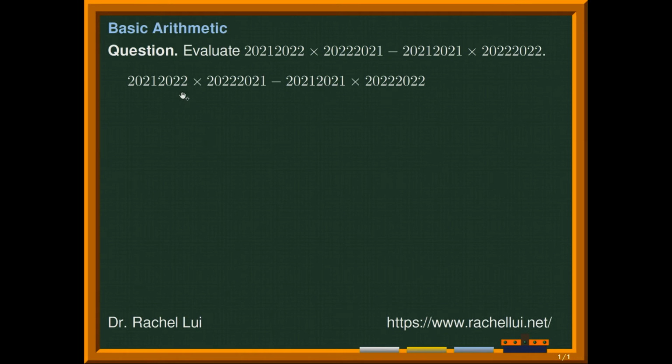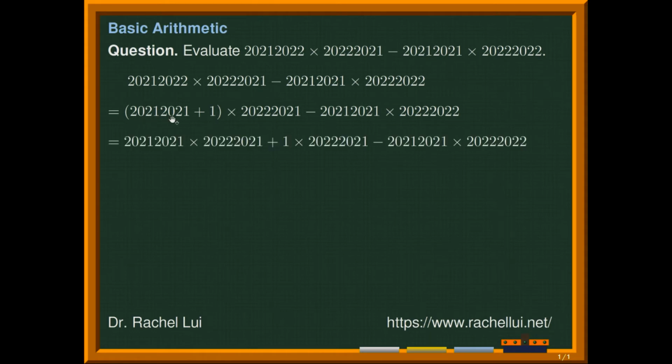So first of all, I will change this 2021,2022 into 2021,2021 by writing it as 2021,2021 plus 1. And then I keep the remaining the same. Then I will apply distributive law. So I will expand this bracket, which means that I have 2021,2021 times 2022,2021 plus 1 times 2022,2021, and then minus the same thing.